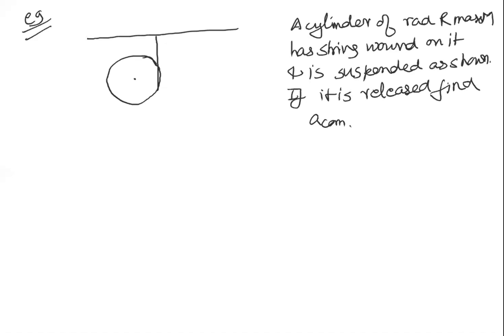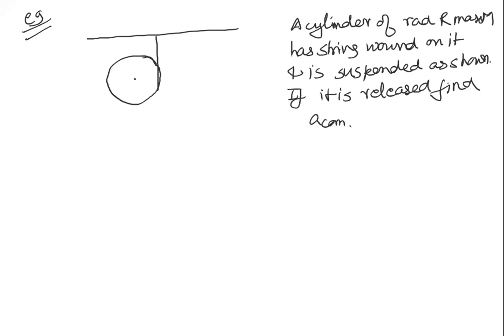So we take a cylinder, we wind a string on it, an ideal string, and we attach one end of the string to the ceiling like this, and we release the cylinder.